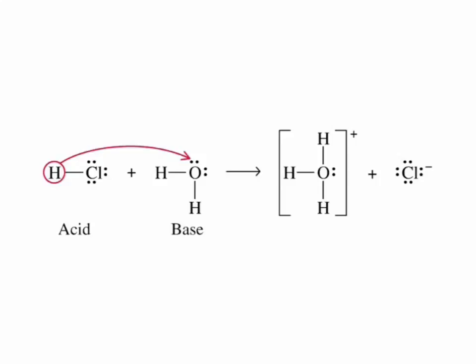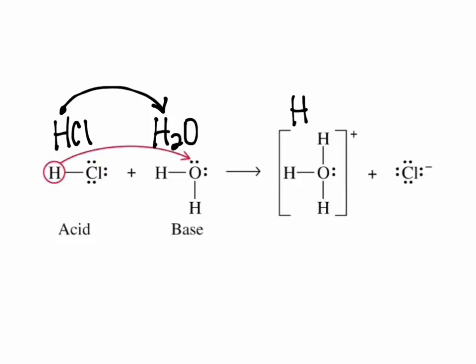So here is a picture showing if we have an acid and a base. We see here that we have these two neutral molecules, HCl, and we have water. They're both neutral. What happens is this H gets donated over to water. When we donate an H plus, now water gains a hydrogen and is no longer neutral. It now has a positive charge.